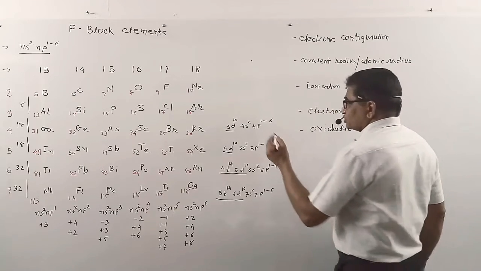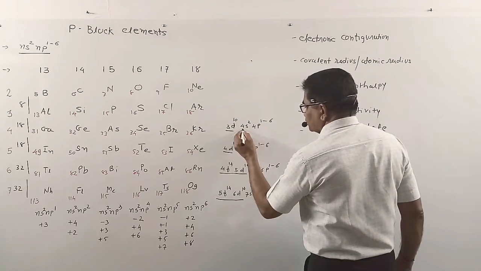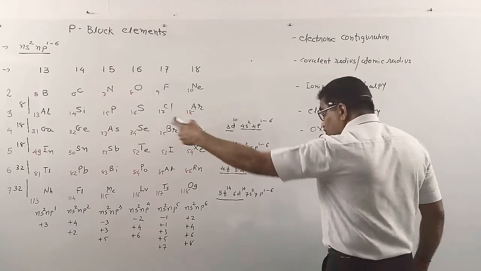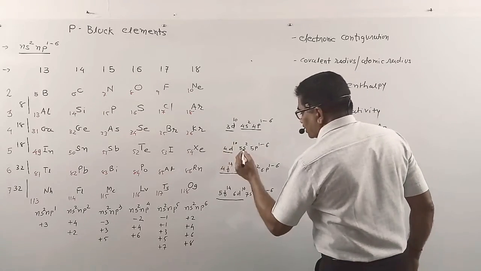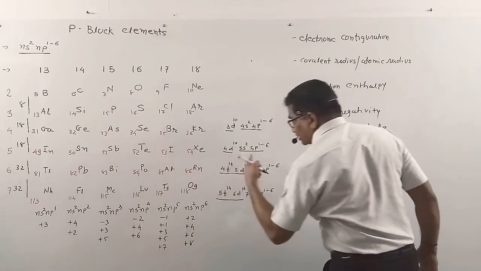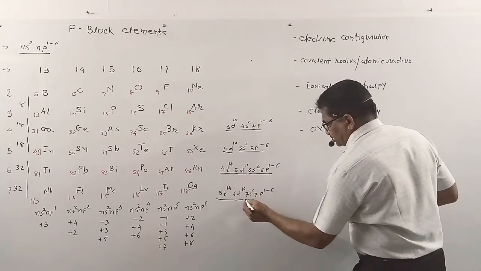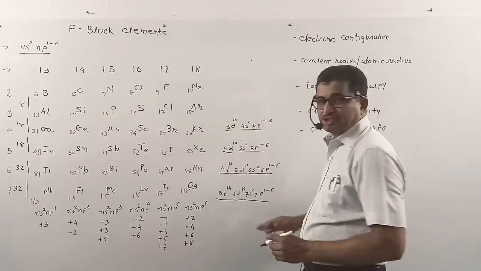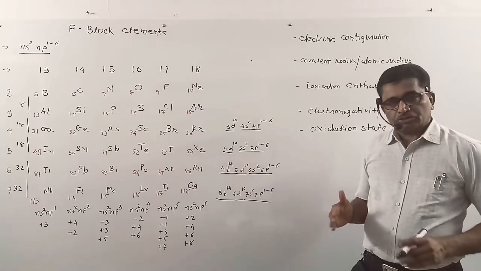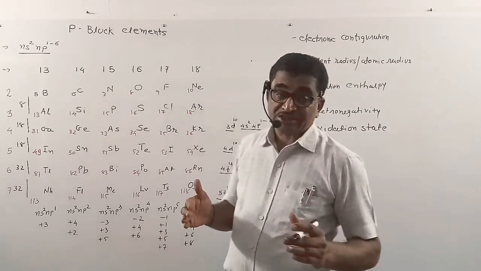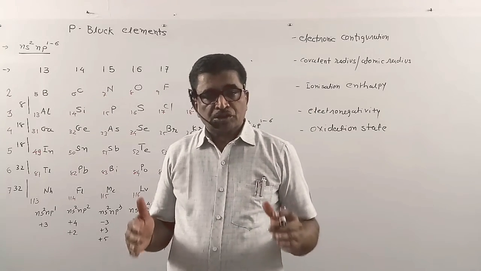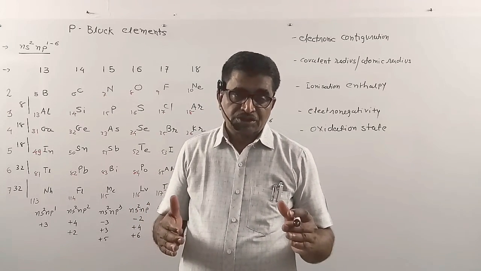The last electron configuration is also the same: 4s2, 4p1 to 6. Similarly 5s2, 5p1 to 6, 6s2, 6p1 to 6 and 7s2, 7p1 to 6. So electron configuration is a periodic property.